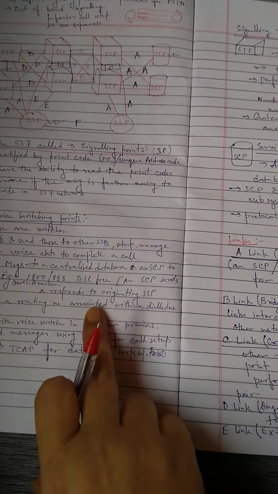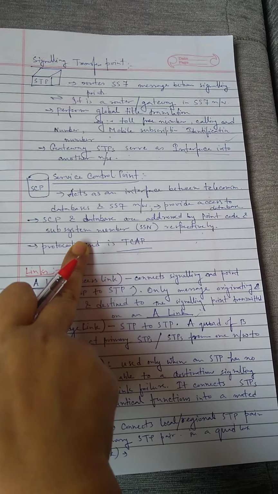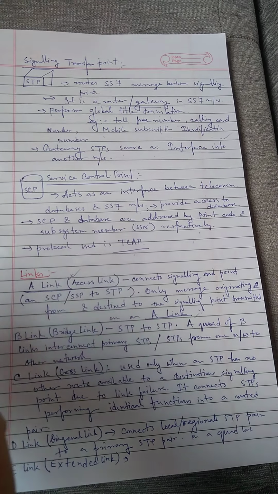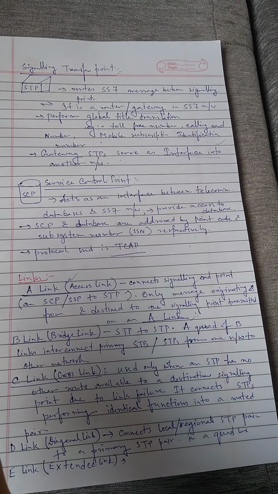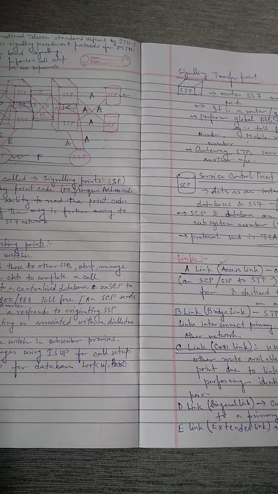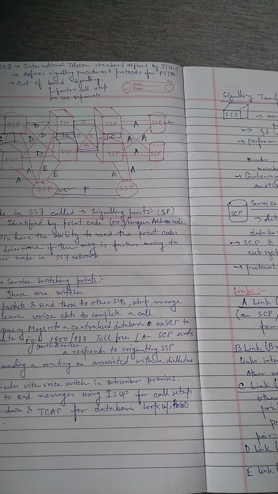Already I have described here in this part. SCP and database are addressed by point code and subsystem number respectively, and the protocol used in the service control point is TCAP.